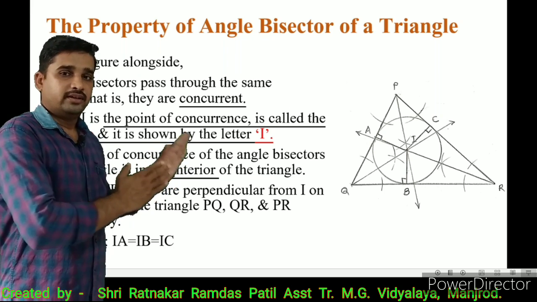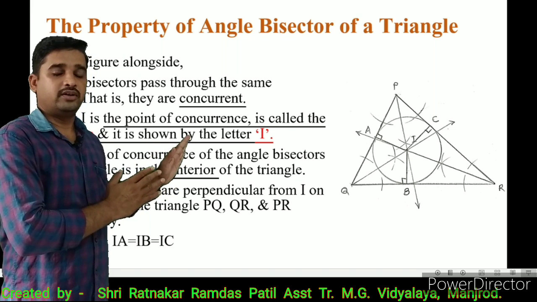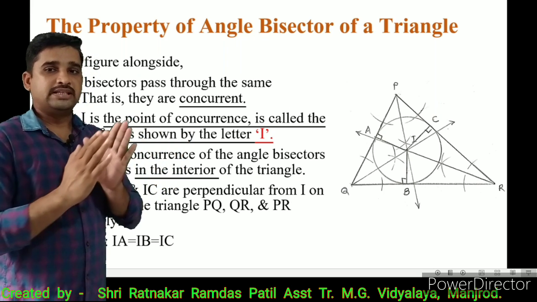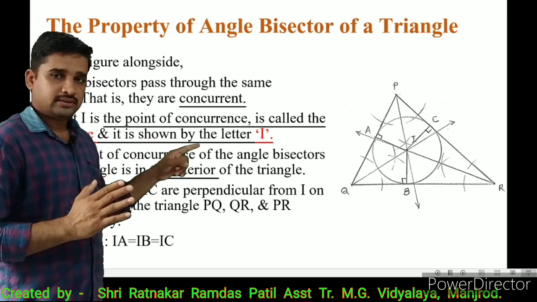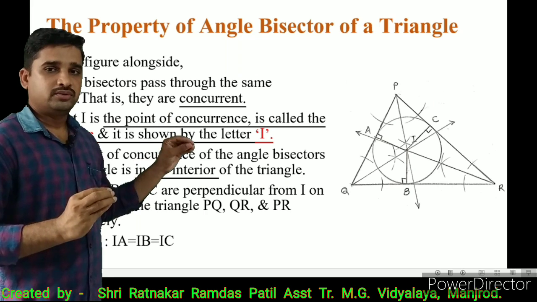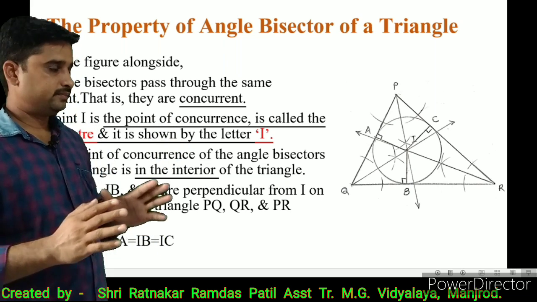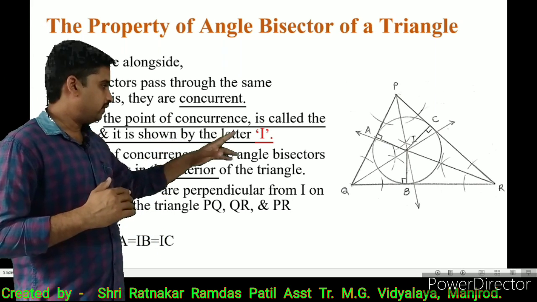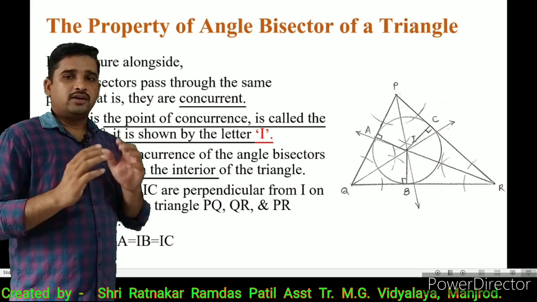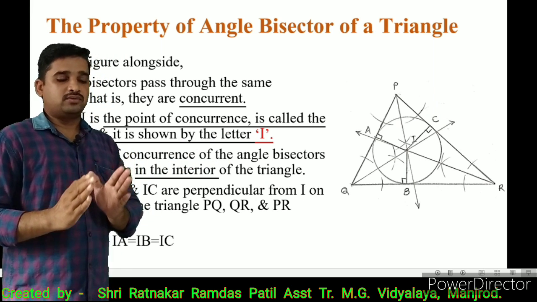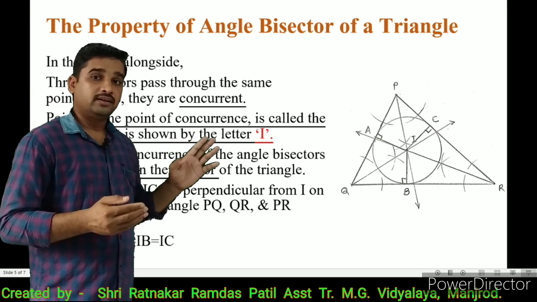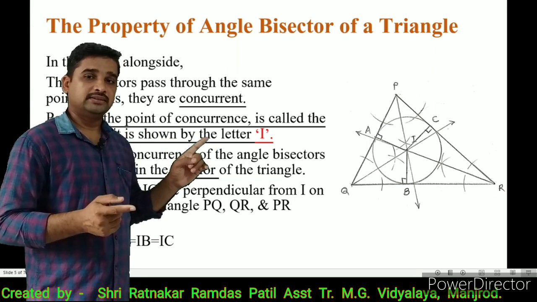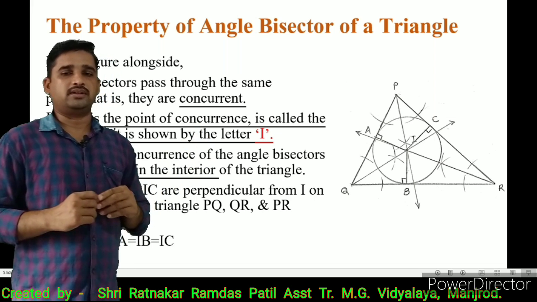From this figure, what do we see? We see that all three bisectors pass through the same point. We give that point the name I. All three bisectors pass through the same point, so they are concurrent.